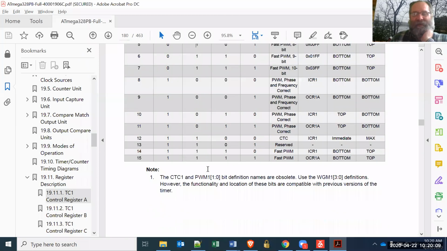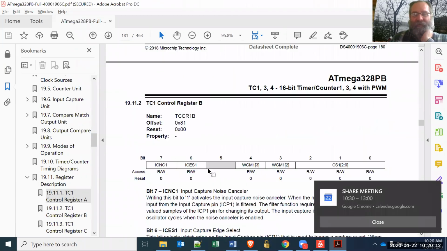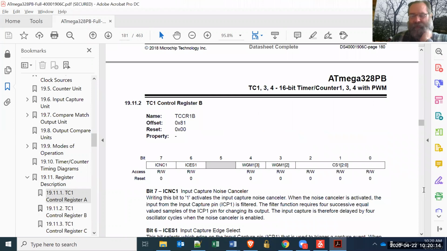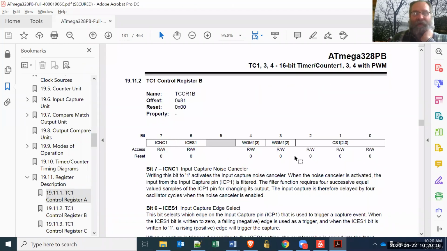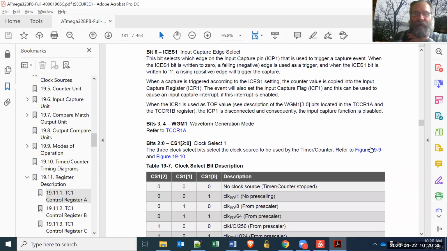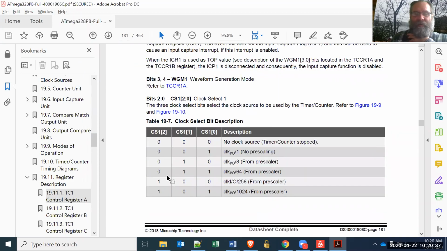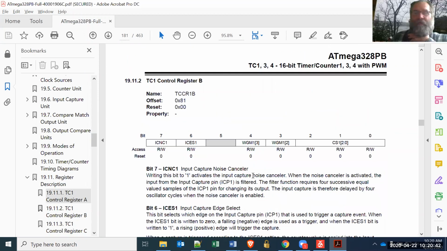What about the clock scaler? Let's come to register B here. We're out of time already. Again, these 2 bits we're going to just ignore for the moment. The upper 2 bits of wave generation mode are going to be 0 and 1. Lower 2 bits will be 0, 1 as well.